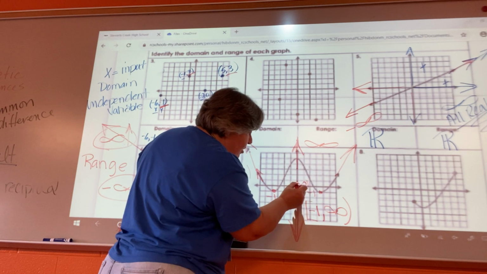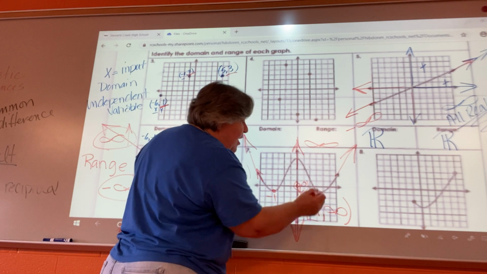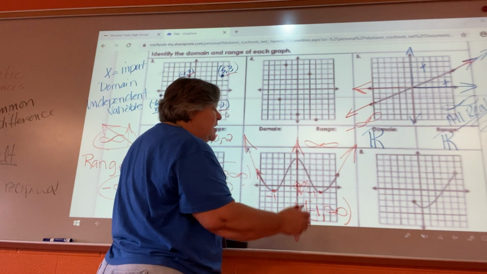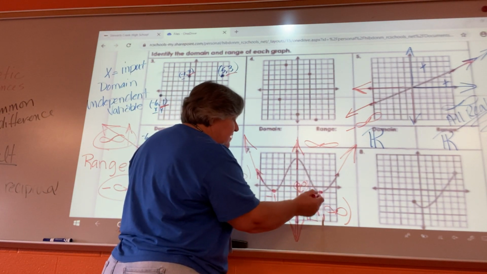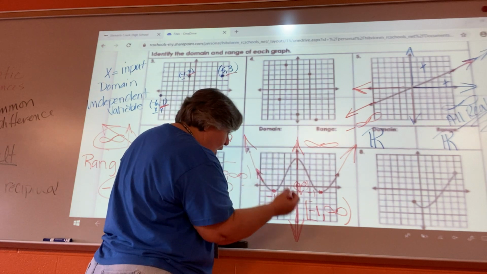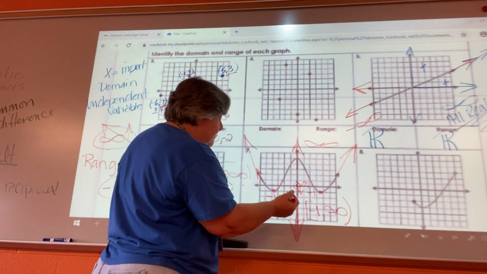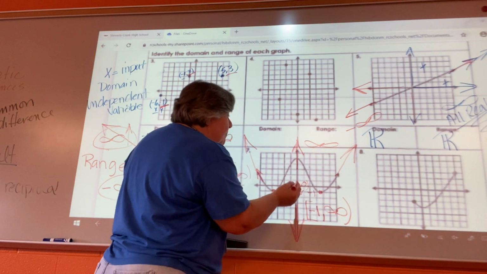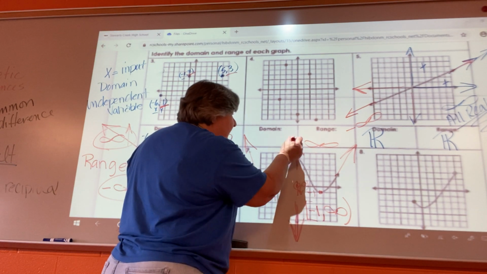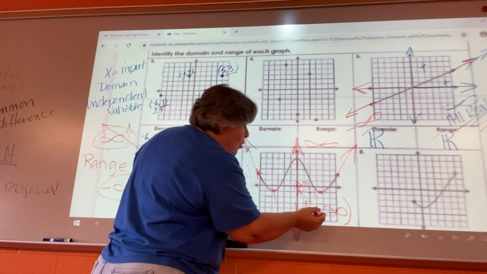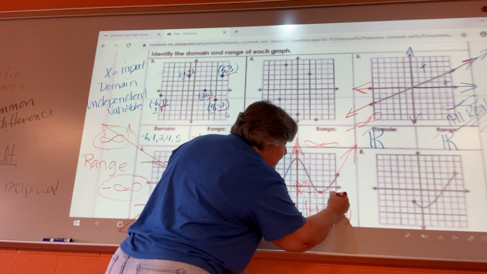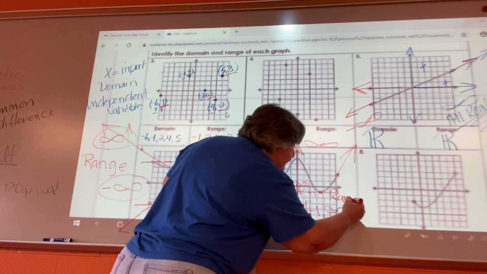So I went down 1, so that's -1 on the y-axis, because we're doing the range, we're doing y, and that's where that one ends. But on the y-axis going up, it keeps going, so it is -1 and positive infinity. So that is your range.